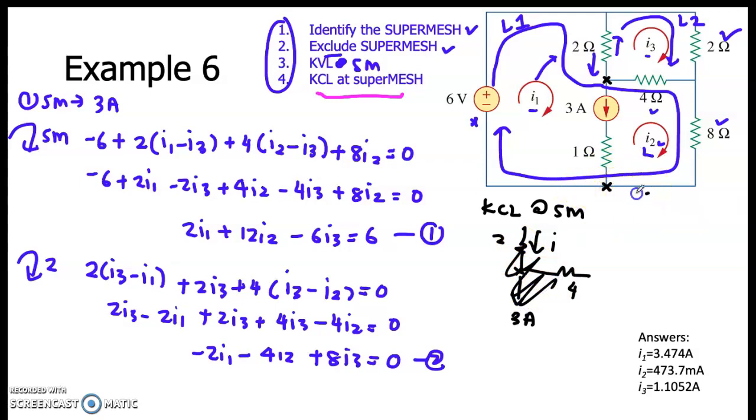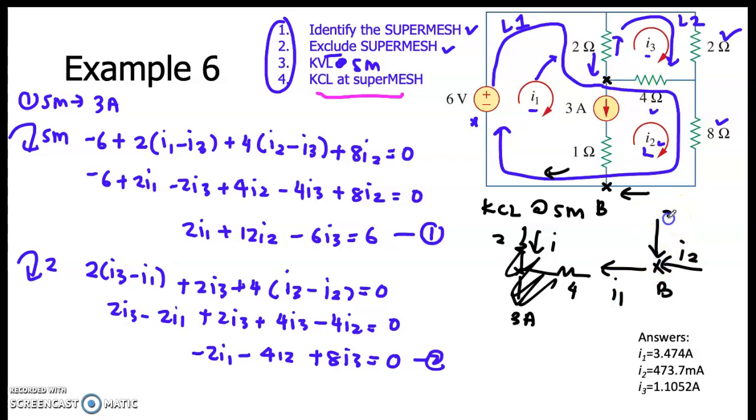What is the current flowing here? Let's say this is node B. Okay, now go to node B. The current flowing into node B is I2, correct? The current flowing out of node B is this one, if we go down, this one is I1. So what is the current flowing into node B?